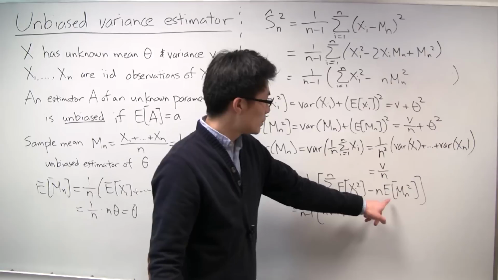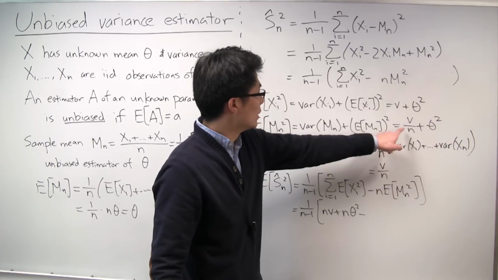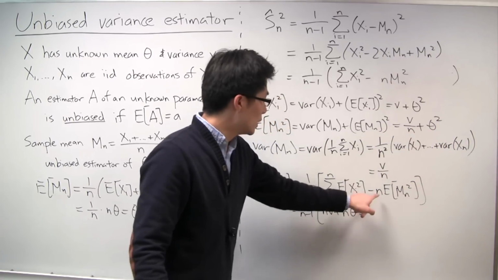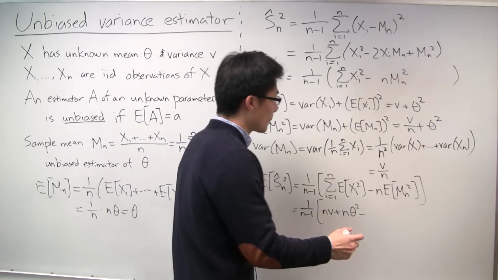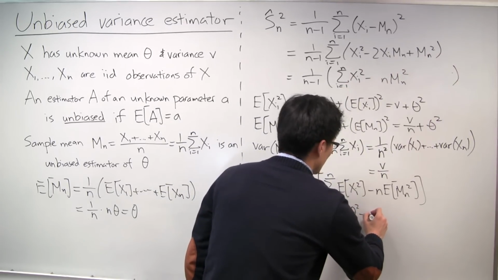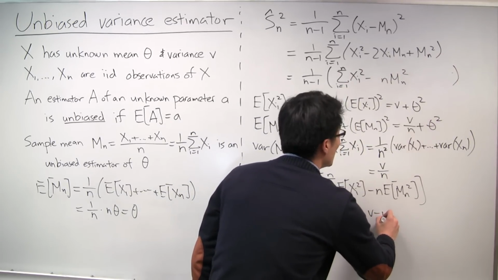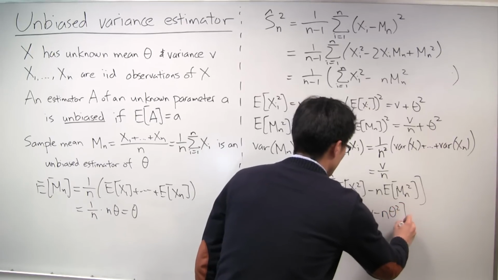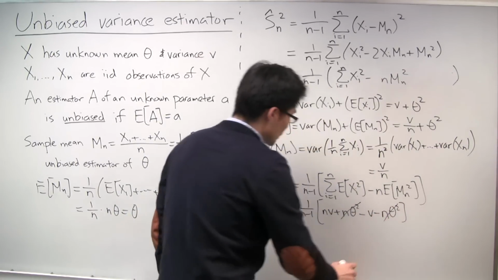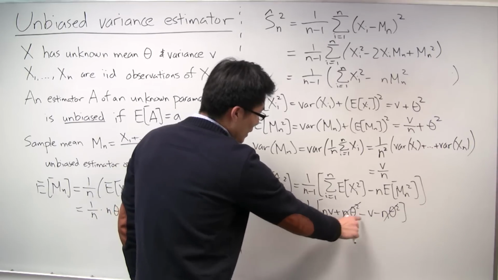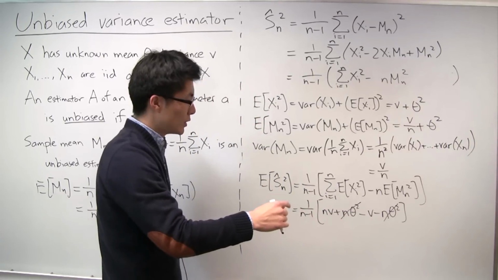We know also the expectation of mn squared. It's v over n plus theta squared. We multiply that by n, and we get v plus n times theta squared. And we subtract, so we get minus v minus n times theta squared. These cancel. N times theta squared cancel out. You get nv minus v, which is n minus 1 times v.